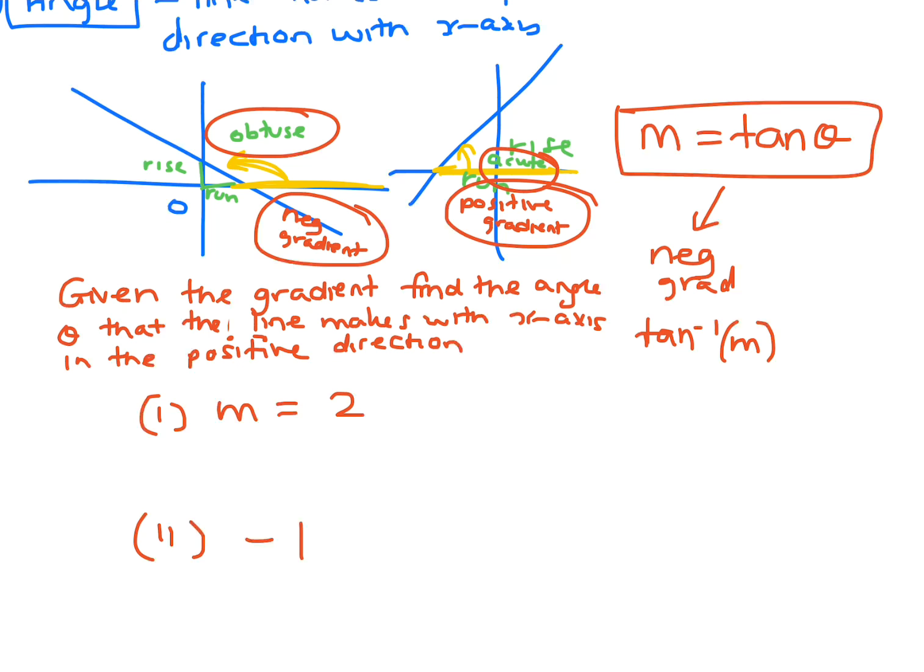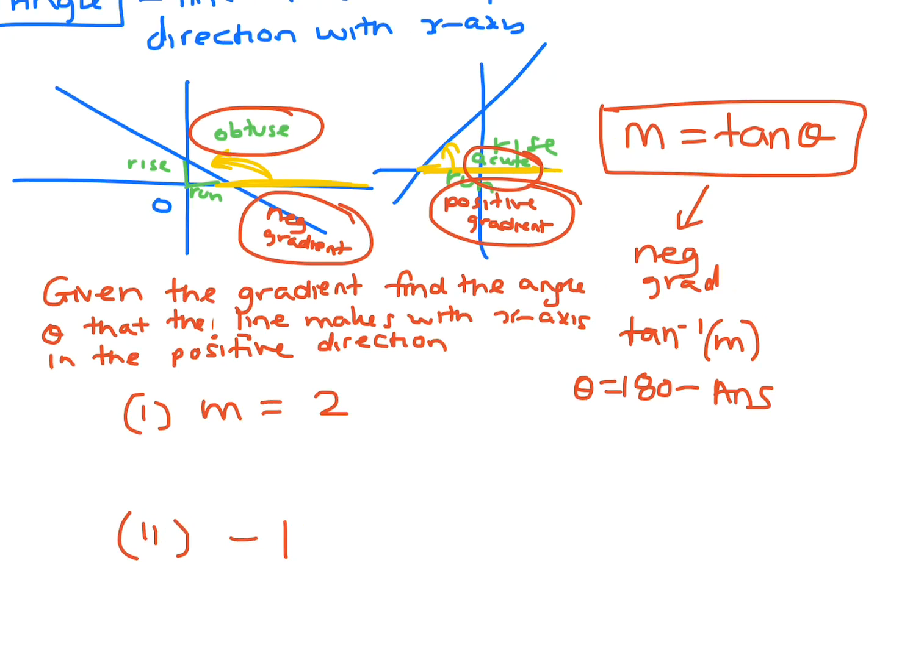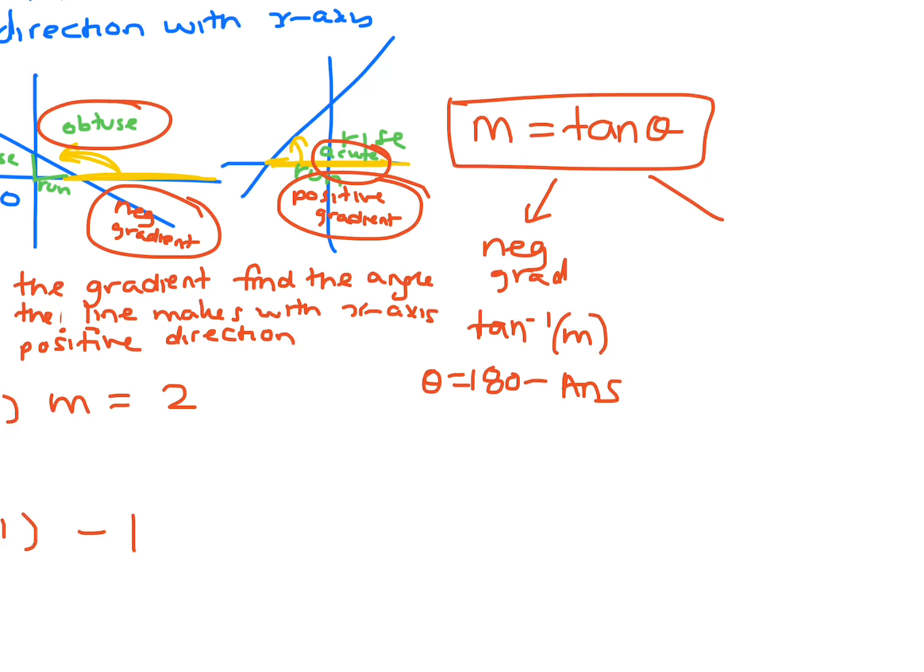Then what you do is you go 180 minus whatever that answer is. And that will give you what theta is, okay? But if you have a positive gradient, then you do the same thing. Just go tan^-1 of m, and that will give you your angle.